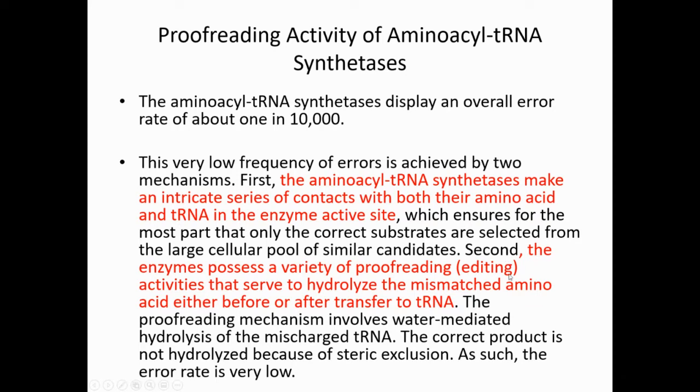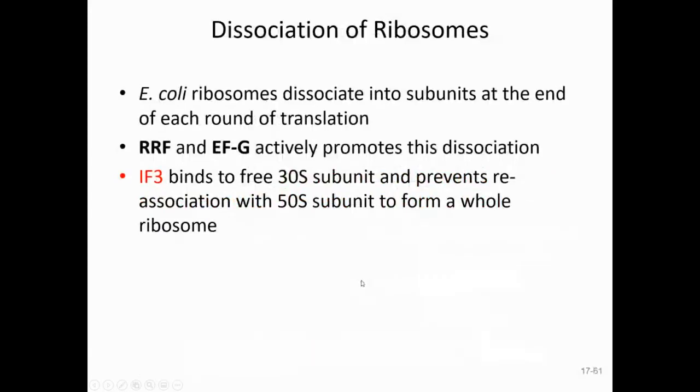And second, the enzyme possesses a variety of proofreading activities, so they can hydrolyze the mismatched amino acid before or after transfer to the tRNA. So these are two mechanisms to ensure the correct amino acid is attached to the tRNA.